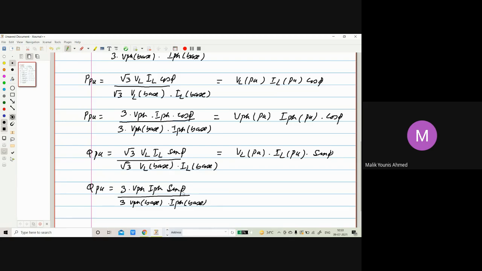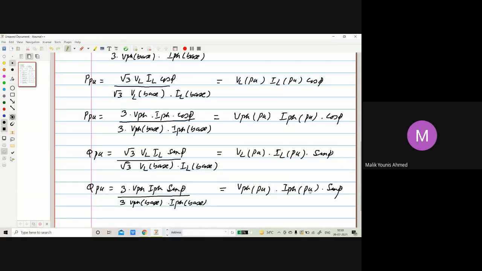So that will be V phase in per unit multiplied by I phase in per unit, multiplied by sine phi also. Sine phi will remain there.